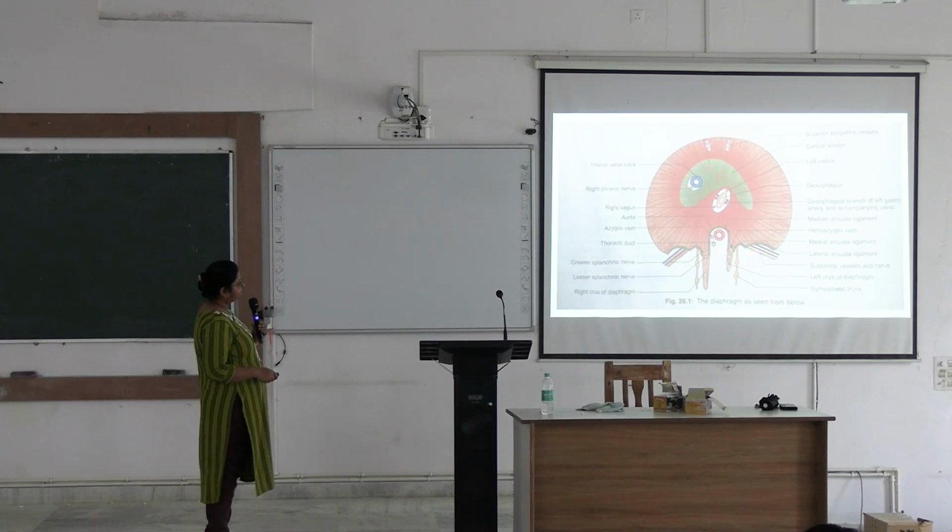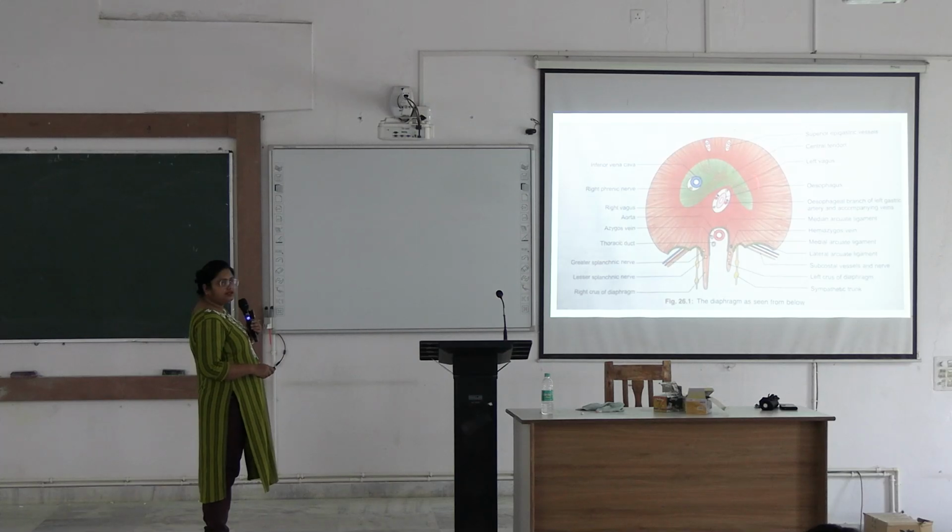See here, this is the aortic opening, and the passing structures are the aorta, azygos vein, and thoracic duct. Esophageal opening: esophagus, two vagus nerves, and esophageal branches of the left gastric artery with accompanying veins. Here the inferior vena cava and the right phrenic nerve pass through the vena cava opening. These are the crisscross fibers of the central tendon, and this is the center of the diaphragm.